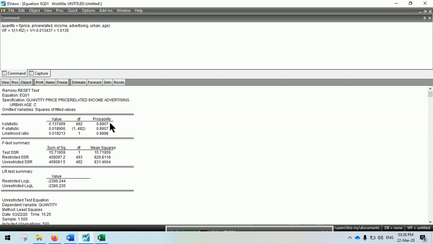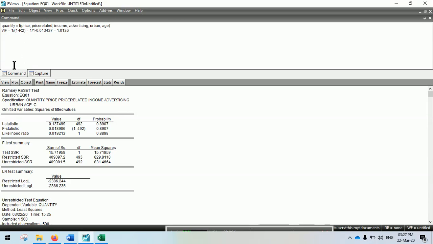So we are going to accept H0, cannot reject it. What is the H0? H0 is the model specification is correct. H1, the model specification is incorrect. Since our probability is above 0.05, we fail to reject H0. The model specification is correct. If the model specification is not correct, then you have to go and make some adjustment to your model again.